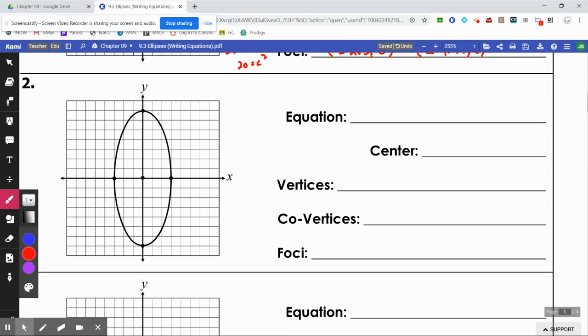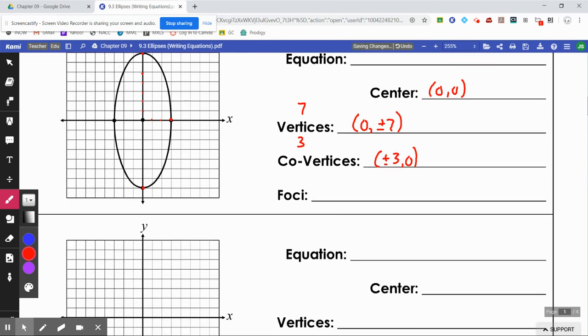The next one, the center is also at 0, 0. Our vertices are now on the vertical axis, and they're located 1, 2, 3, 4, 5, 6, 7 up and down 7. So they're going to be located at 0, comma, positive and negative 7. The co-vertices are 1, 2, 3 units over and located at plus and minus 3, 0.